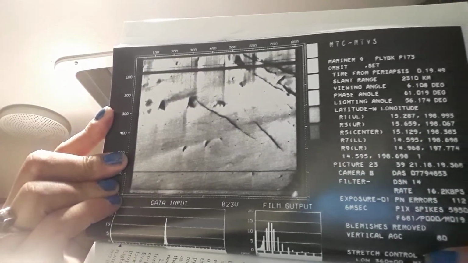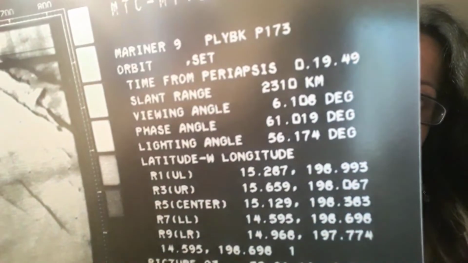Wow. Mirror 9. And a whole group of numbers that I don't have in the slant range and the viewing angle and the phase angle and the lighting angle and the longitude and the latitude and the blah blah blah. I'm going to show it to you one last time so you can see what all that says.